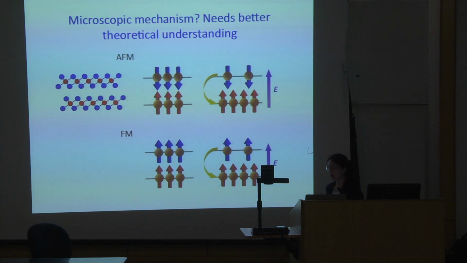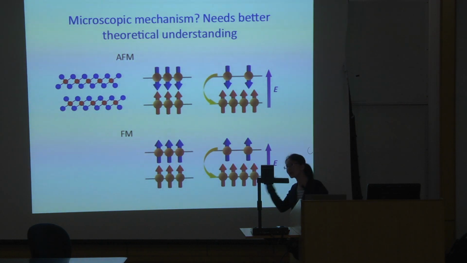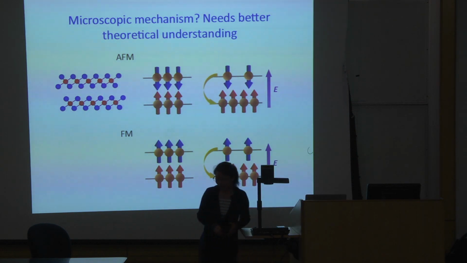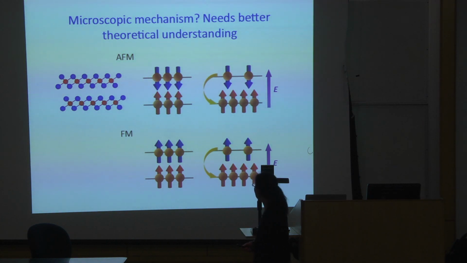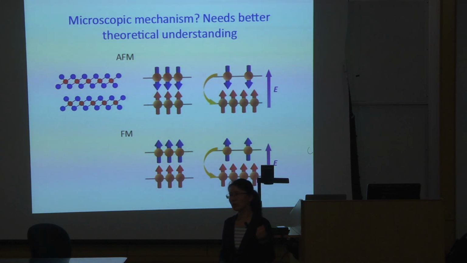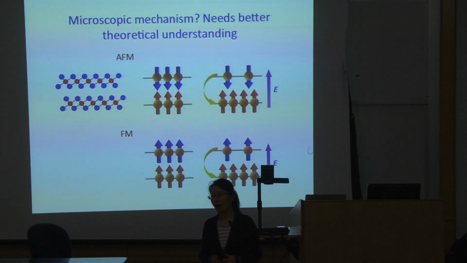So I would like to finish my talk by posing this question. You can play a lot with this kind of system, but an interesting question to ask is: what is the microscopic mechanism? When you apply an electric field, why does it change the magnetization or even the magnetic order?